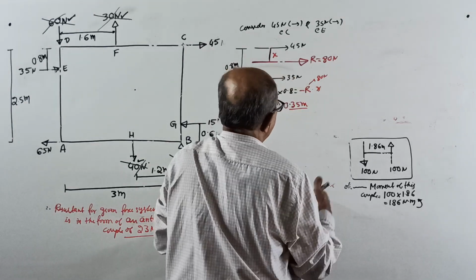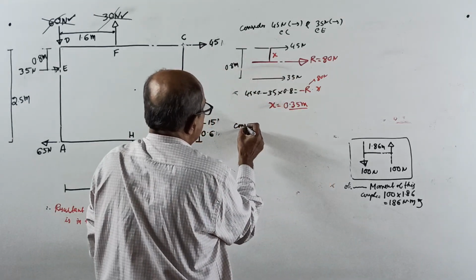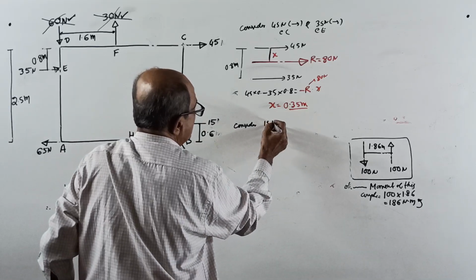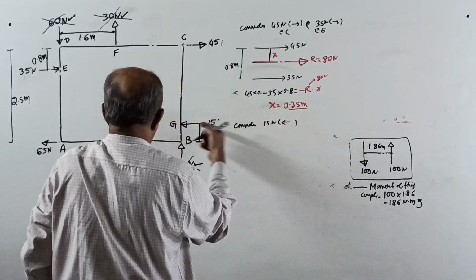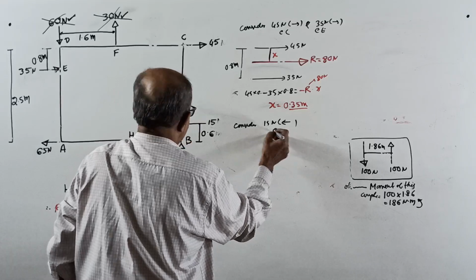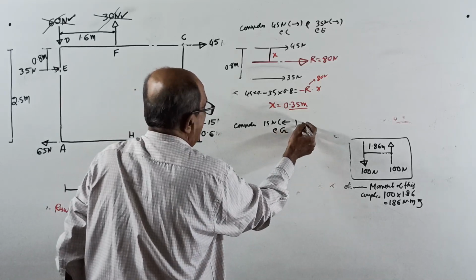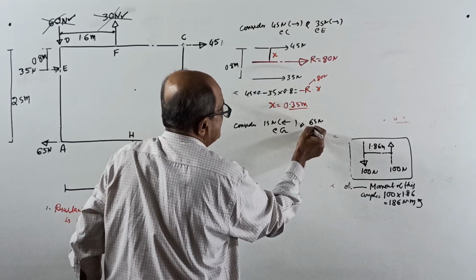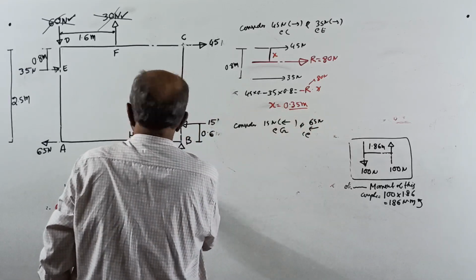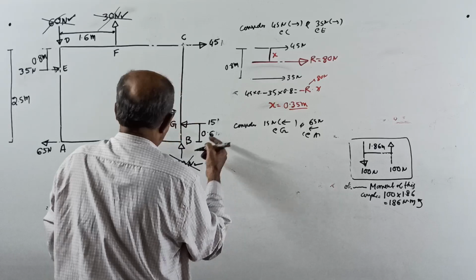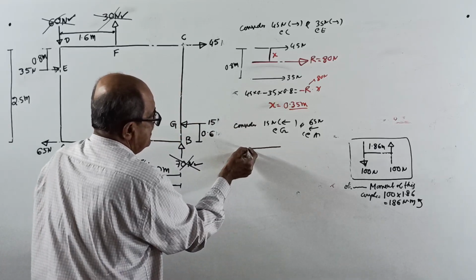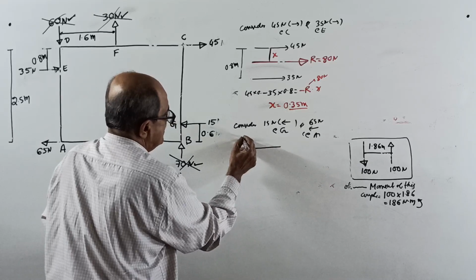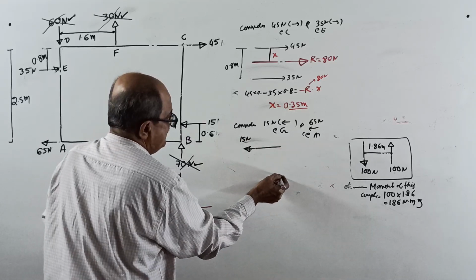Now, next, consider here 15 Newton force, and also this is at G point, and 65 Newton force, that is at A. See, 15 Newton is this way, 65 Newton is here.